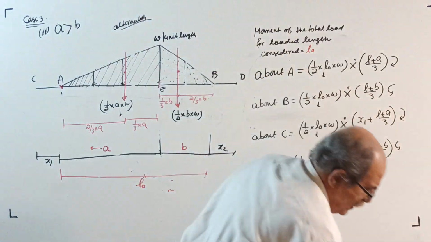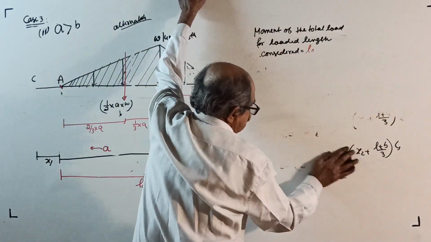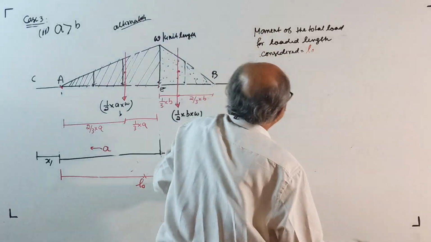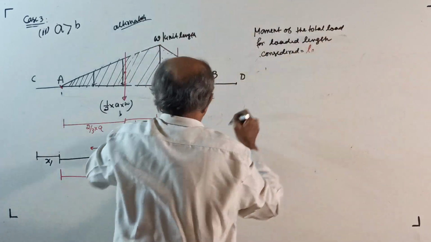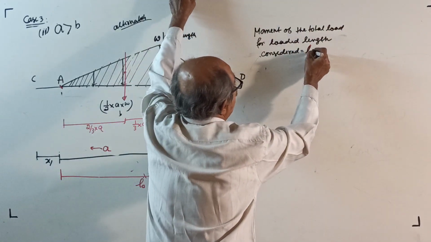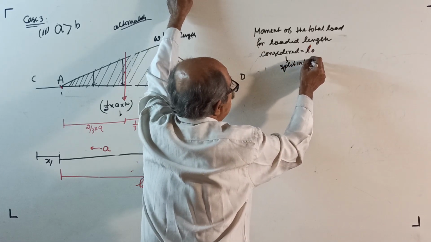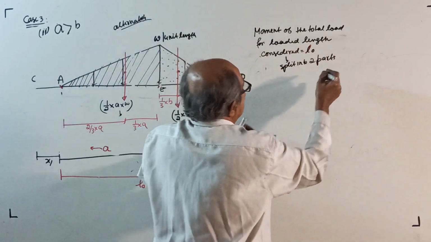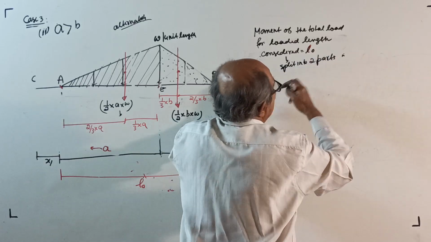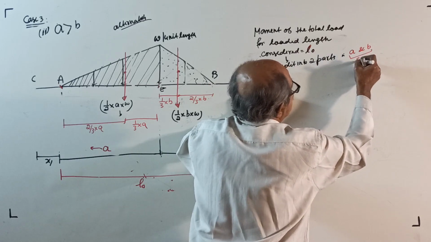We want moment, so I will write moment here. I will save the time. Now for the moment of the total load of our entire loaded length L naught, what you do is split into two parts: loaded length A and loaded length B separately.